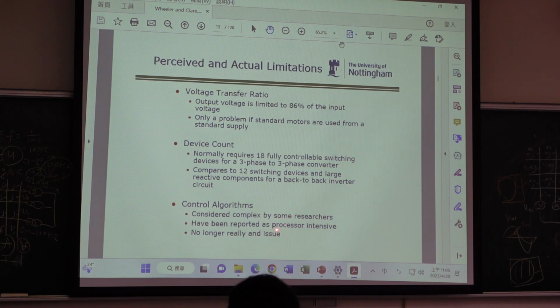So we rely on DSP very much. So we call it computation intensive. So DSP becomes important. If the DSP is too slow, then your performance becomes worse. So you need to rely on high-speed DSP. But now DSP become faster and faster, so it is not an issue. It is not an issue right now.